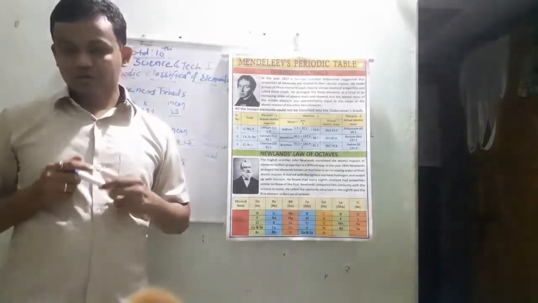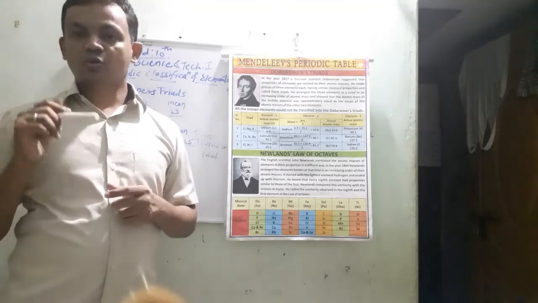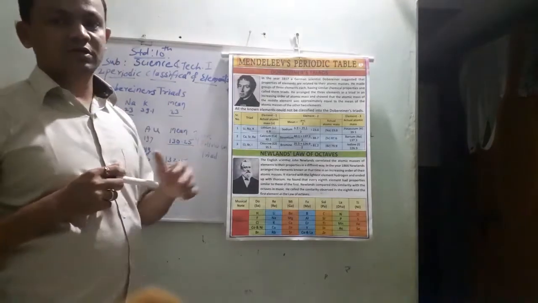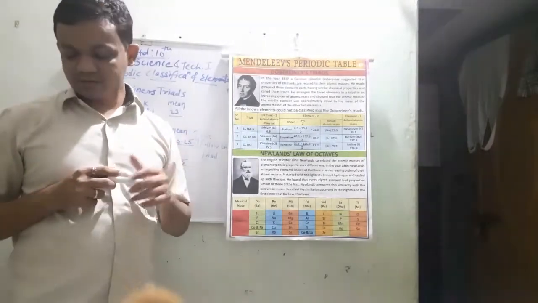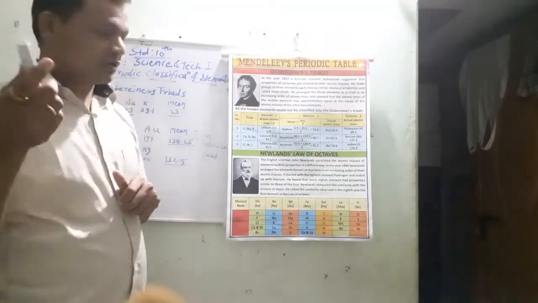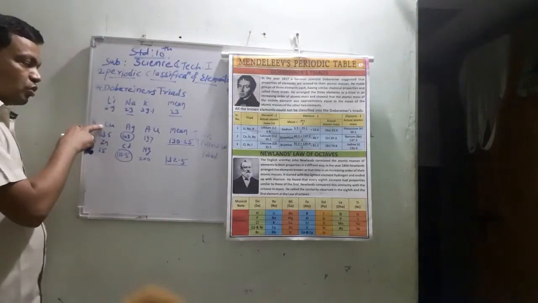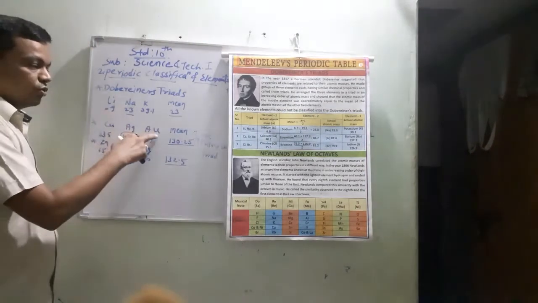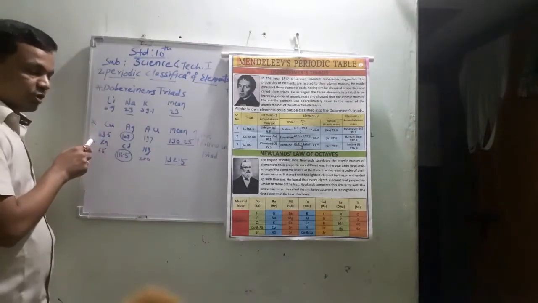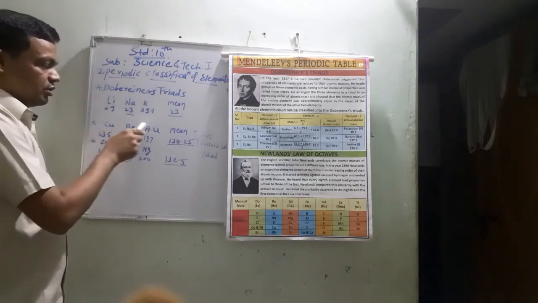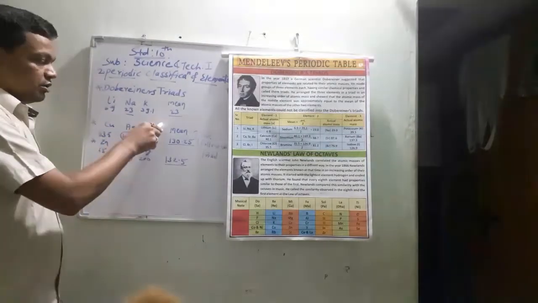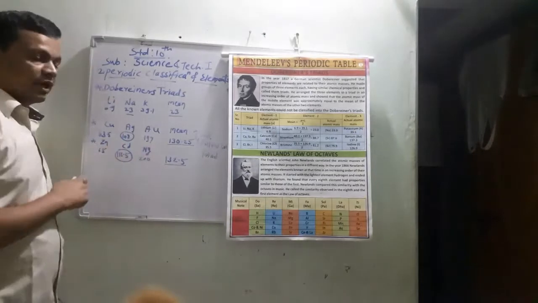Now second, some of the triads do not follow the law of Dobereiner. See the example: copper, silver and gold. Here are their atomic masses. Copper has atomic mass 63.5, silver 108, and gold 197.